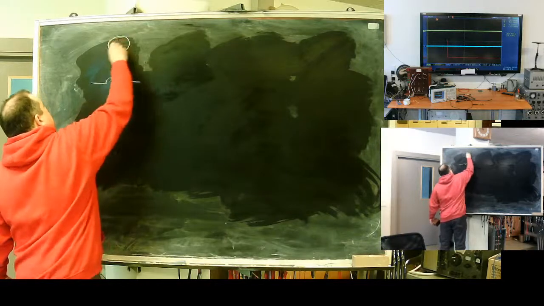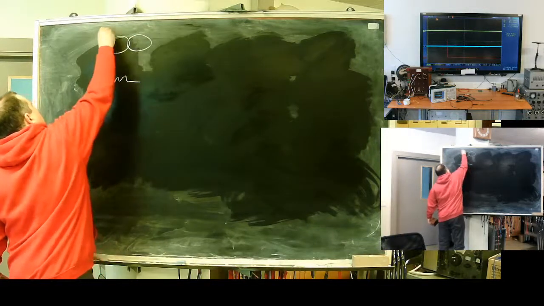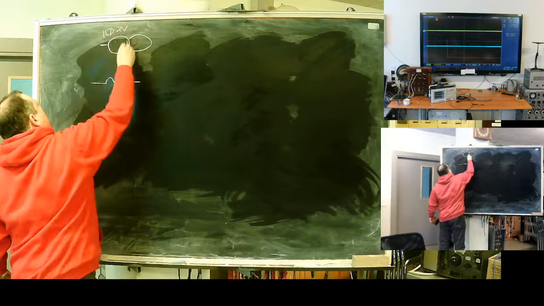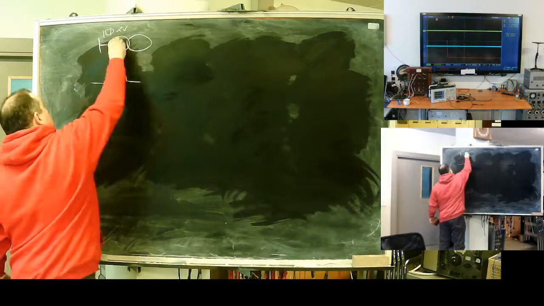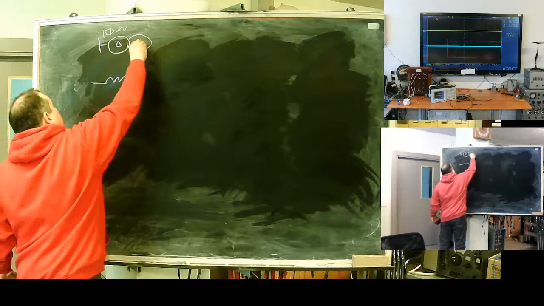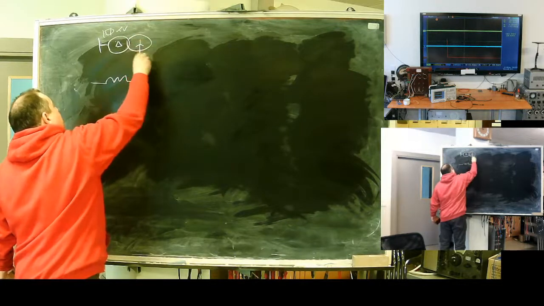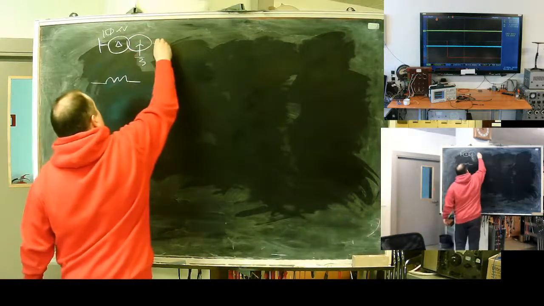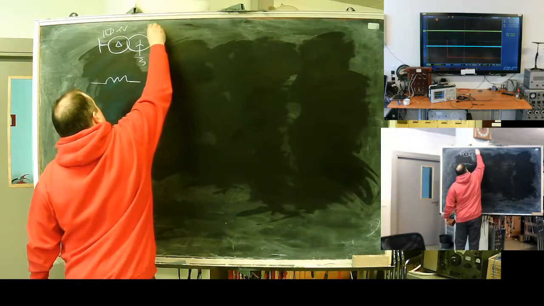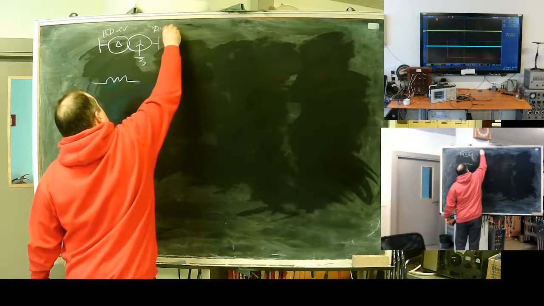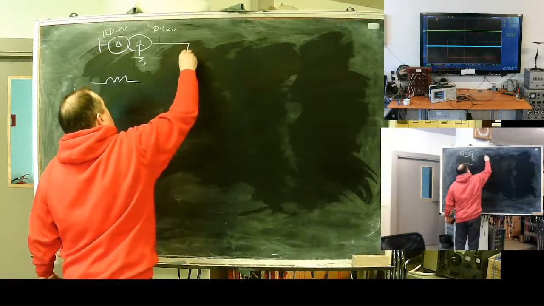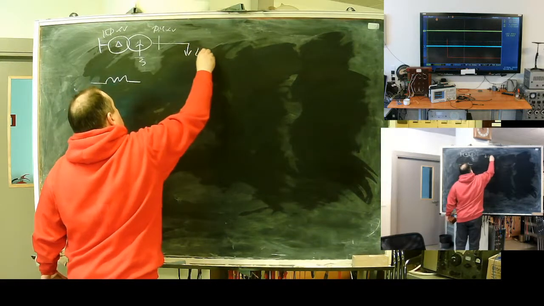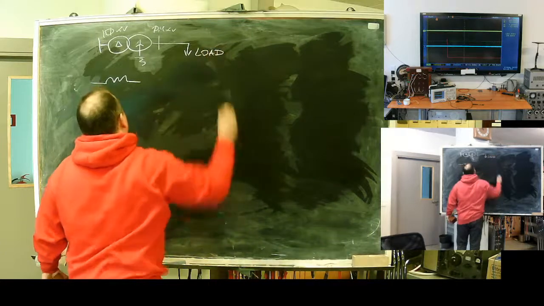Let's say we have something like this: a 10 kilovolt transformer network, city distribution network, delta connection, earthed star at a 0.4 kilovolt network, and some load here.